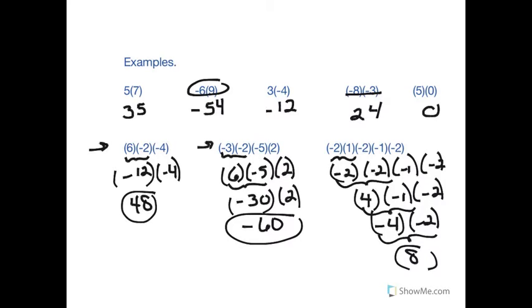Our answer is negative. And here we have 1, 2, 3, 4, which is even, and our answer is going to be positive. So the rule is if you have an even number of negative numbers being multiplied together, it's positive. And if you have an odd number of negative numbers being multiplied together, your answer is going to be negative.